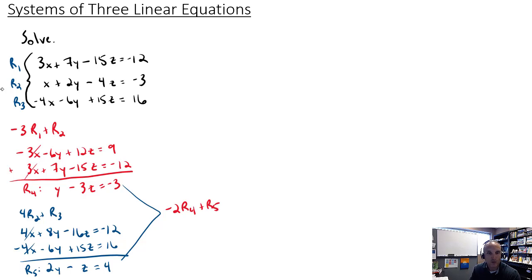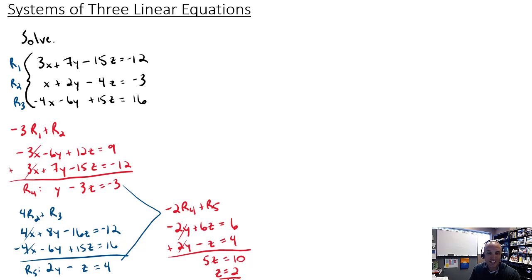So negative 2 row 4 gives me negative 2y positive 6z equals positive 6. And then copy row 5, 2y minus z equals 4, and add those together. The y's cancel. We get 5z equals 10. And now we know that z equals 2.